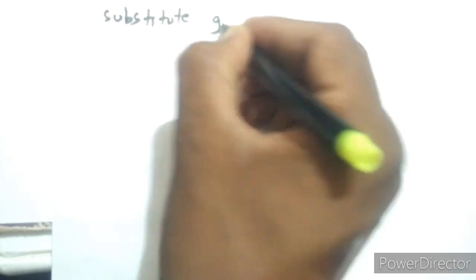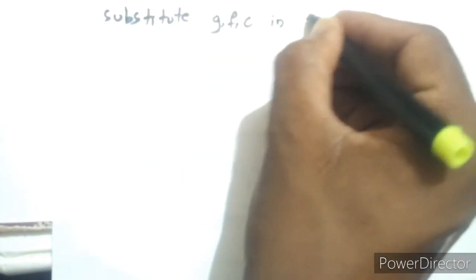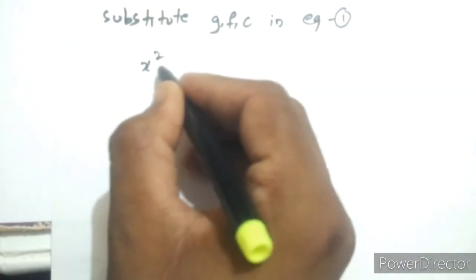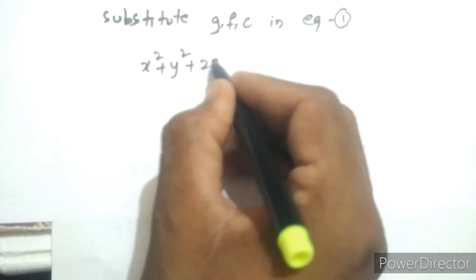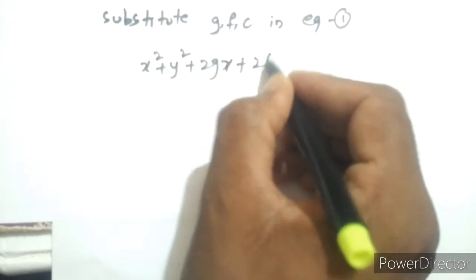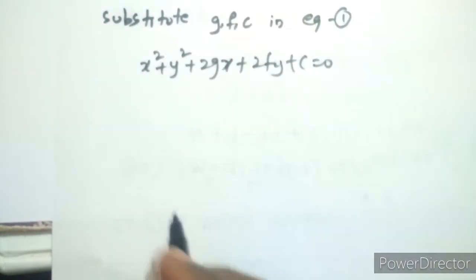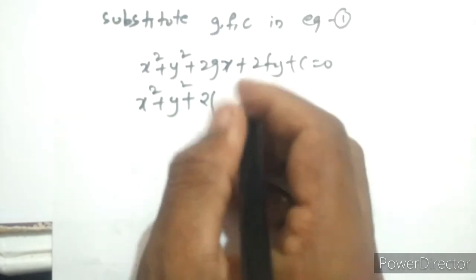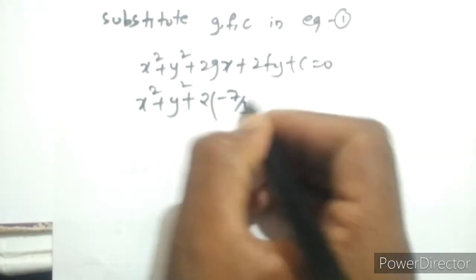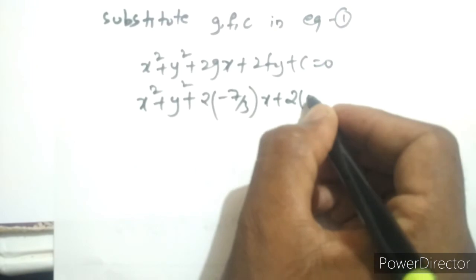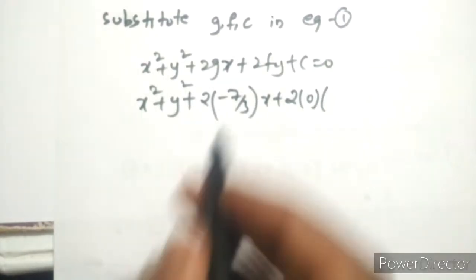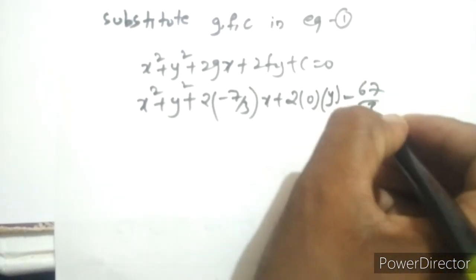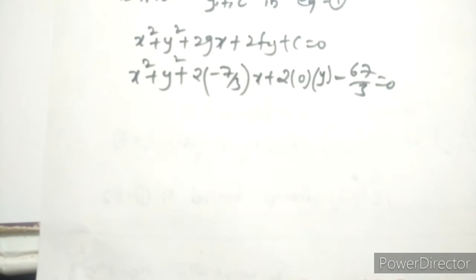Substitute g, f, c in equation number 1. What is the first equation? x square plus y square plus 2gx plus 2fy plus c is equal to 0. So x square plus y square plus 2 into g value minus 7 by 3 into x plus 2 into f value 0 into y plus c value minus 67 by 3 is equal to 0.